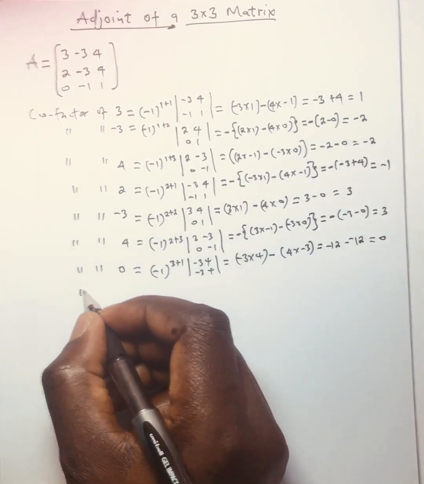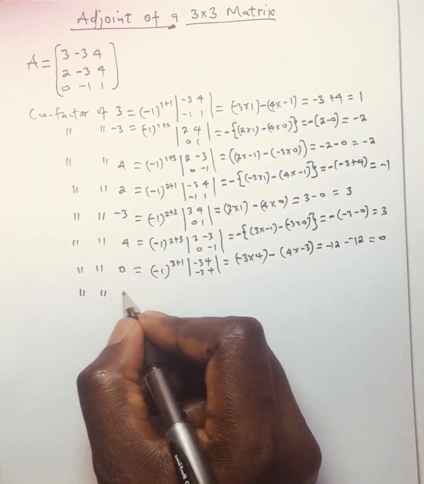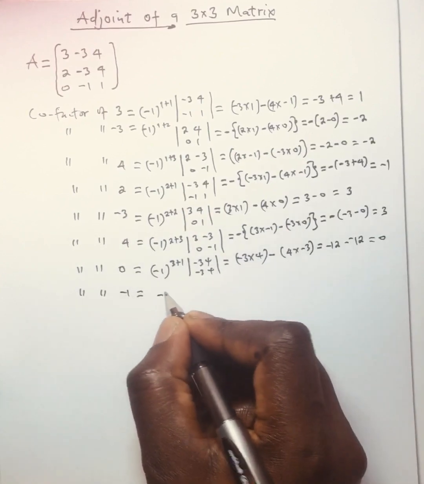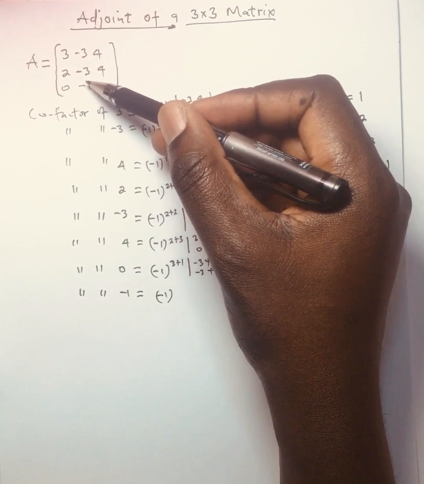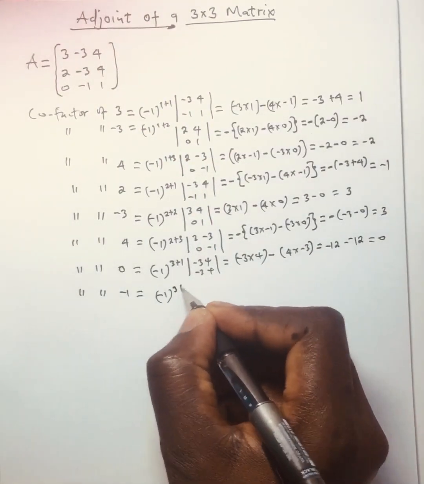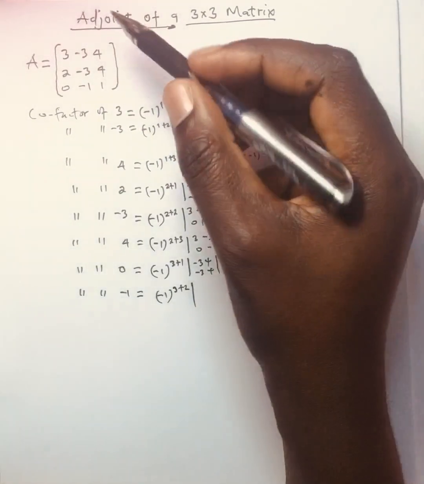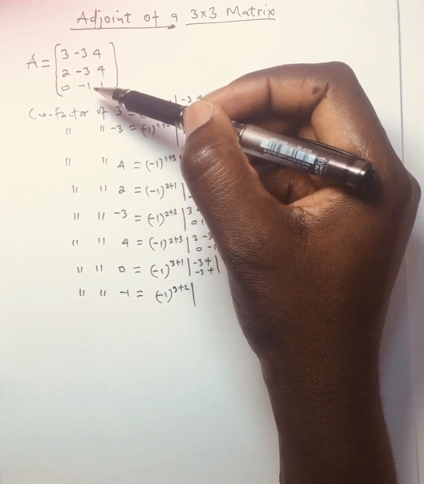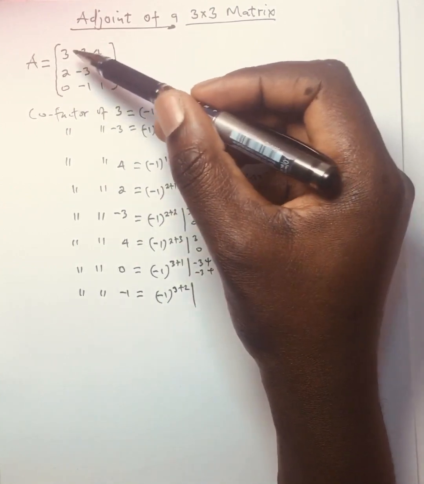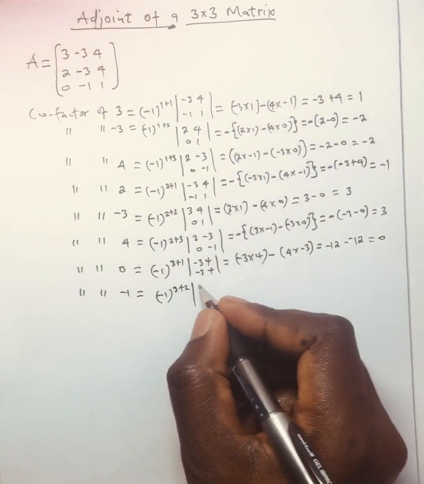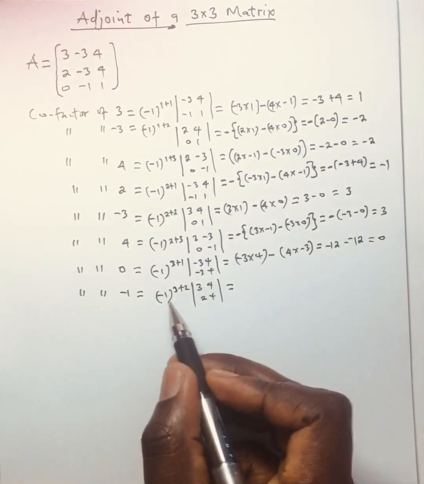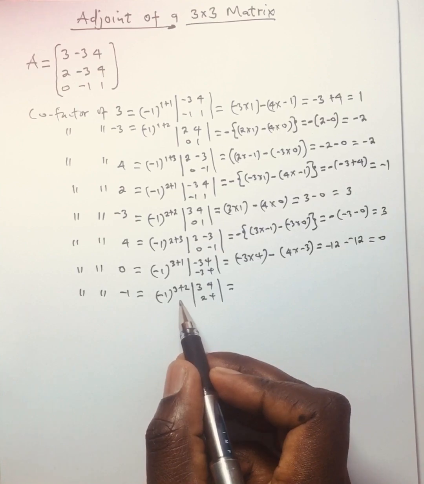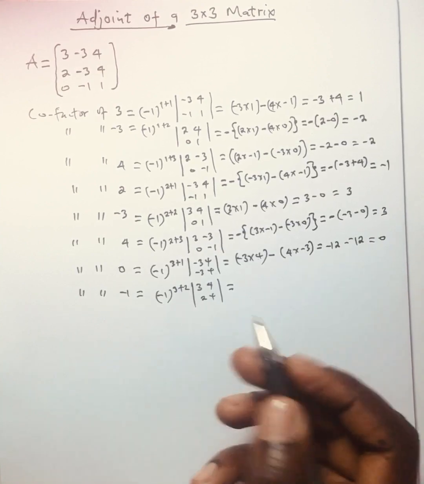Then the next number is negative 1. We have negative 1 raised to the power of its position: negative 1 is in row 3, column 2. When you cover its row and column, you're left with 3, 4, 2, 4. Because the power is odd, the negative will hold.